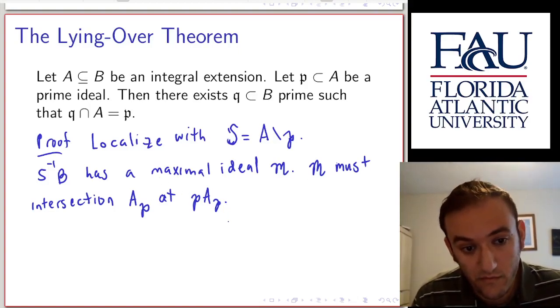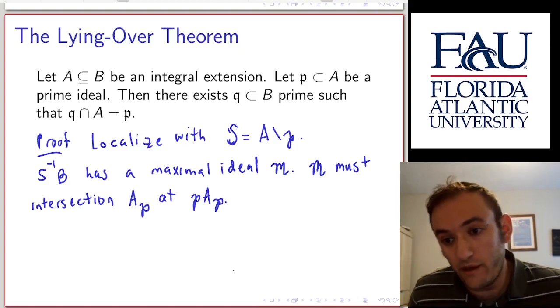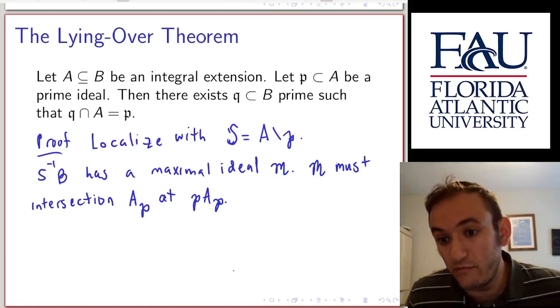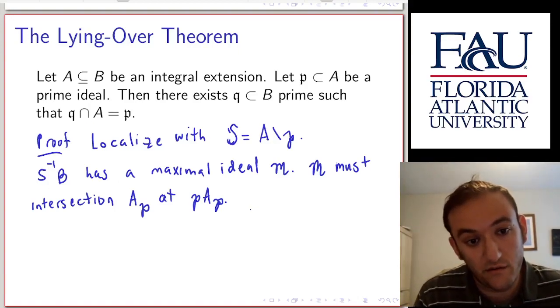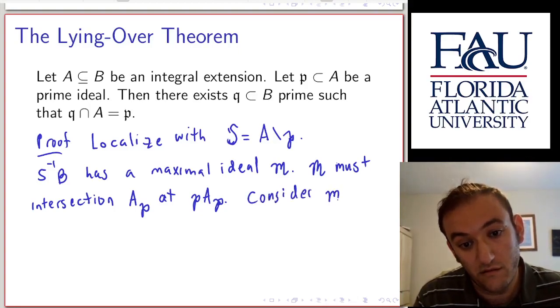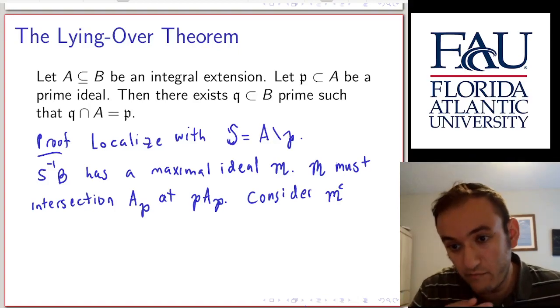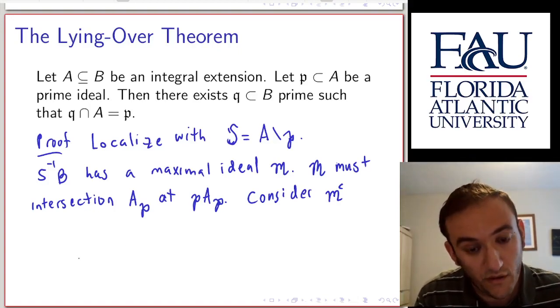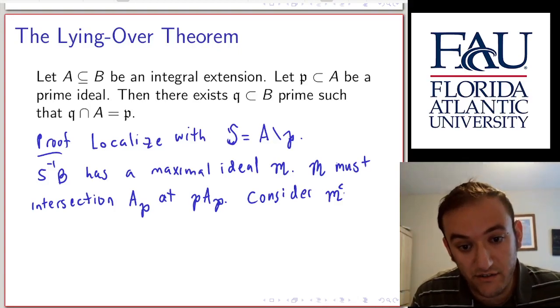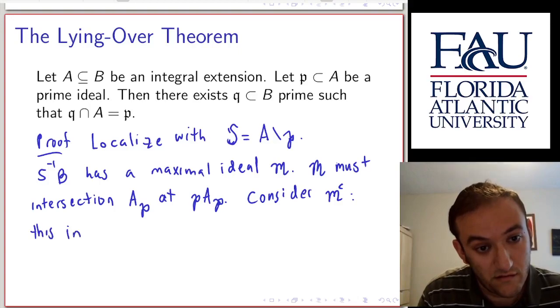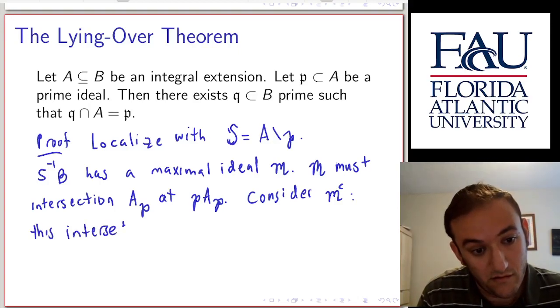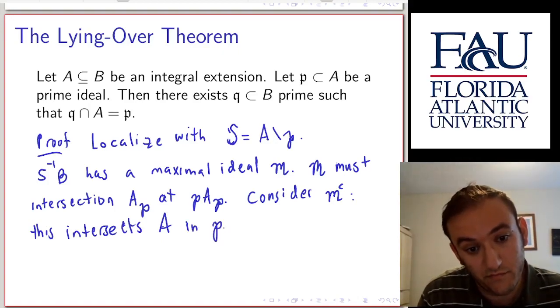So in particular, when we look at the preimage of M before localizing, the contraction of M by the localization, this must intersect A in P. Okay.